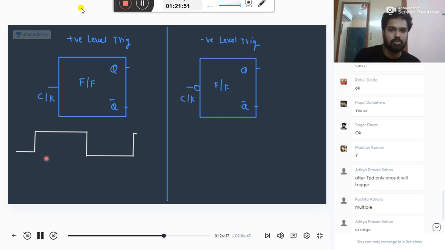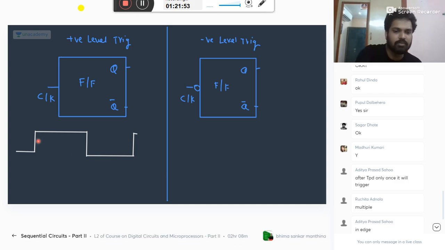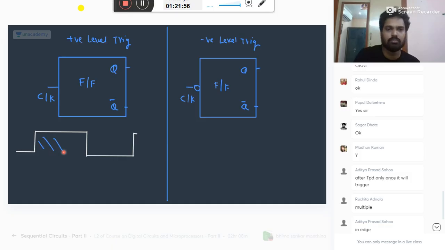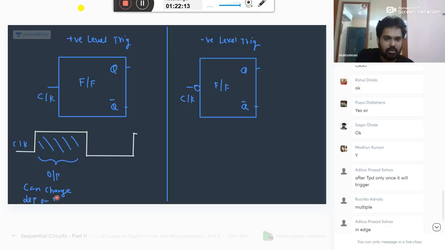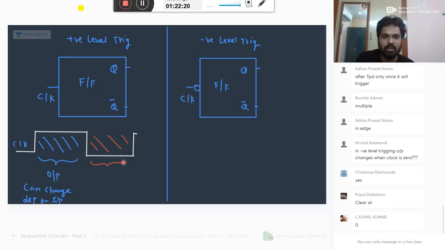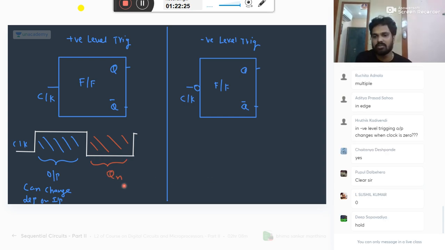Okay. So during this period, if you assume this as your clock, level triggering I am saying, during this period, output can change based on input, depending on input. But during this period, when clock is 0, it is in no change condition.